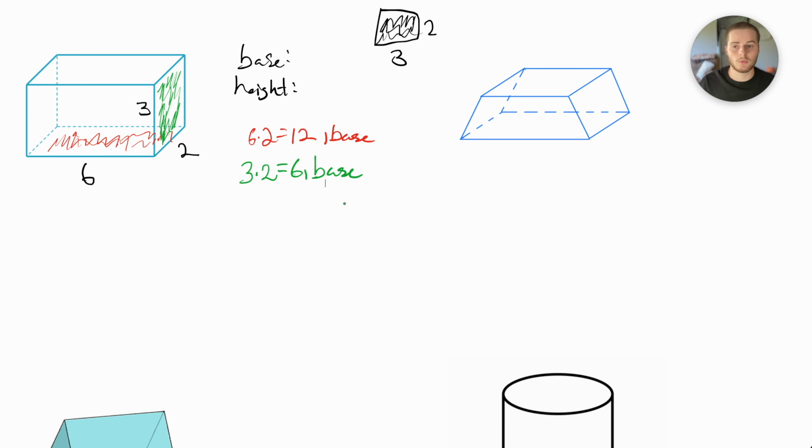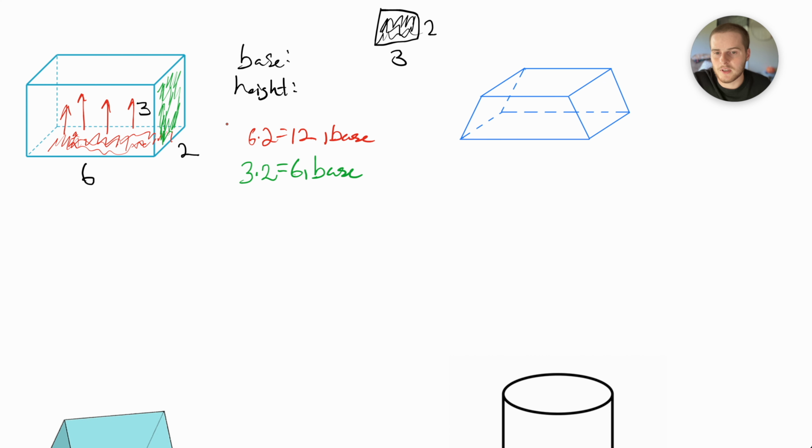Now, depending where you want to start, the base will determine which height you'll be multiplying by. So we saw that, let's look at the red base. If we have this as the base, this little rectangle at the bottom here, then we're going to have to multiply it to fill up this entire shape. Because you want to find all that inside area, so you're going to take the face, or the base in this case, and multiply it by the length that goes throughout the shape to fill on the inside.